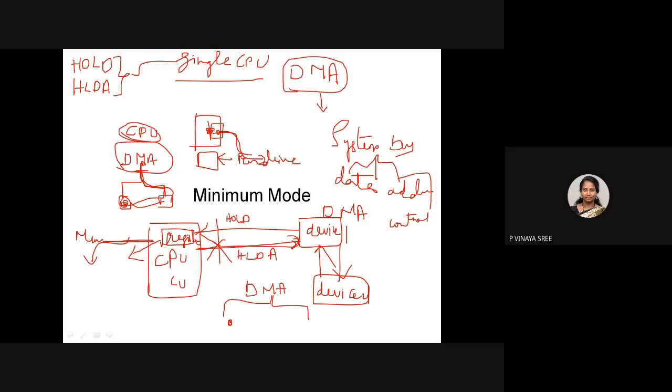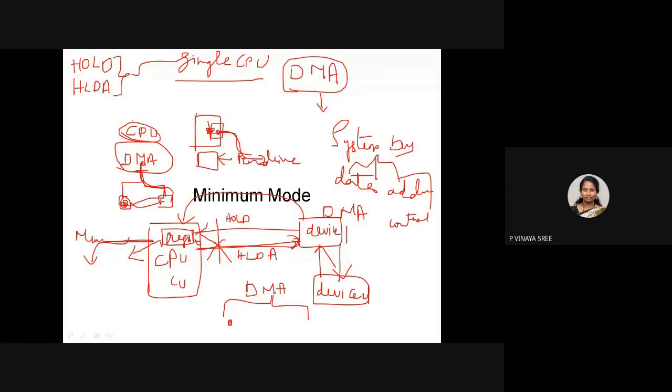If they are present inside the register, there is no need for a system bus. Meanwhile, the processor executes those instructions, and the DMA, with the help of the system bus, transfers the data from memory to the pen drive. After that, it replies to the processor, my task is done, now you can take the system bus for your work.